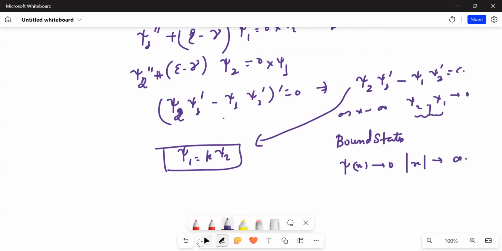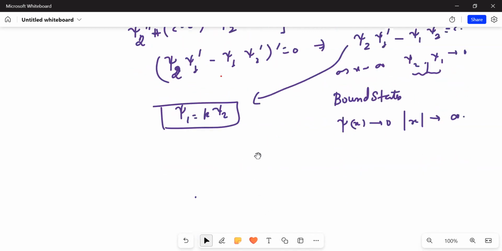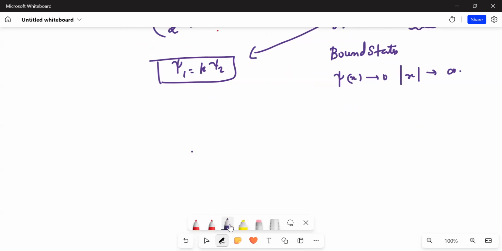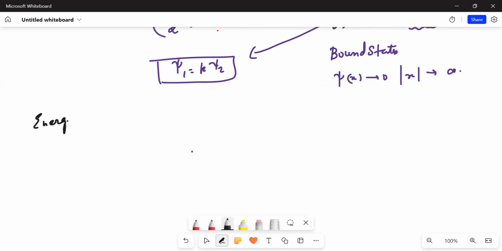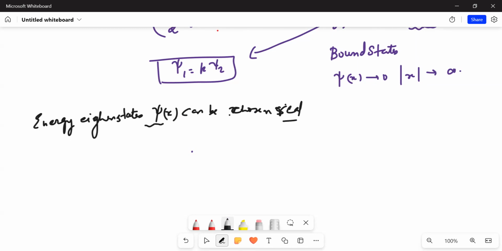Similarly, we also wrote one important result, that the energy eigenstates psi x can be chosen real. Why am I saying energy eigenstates?